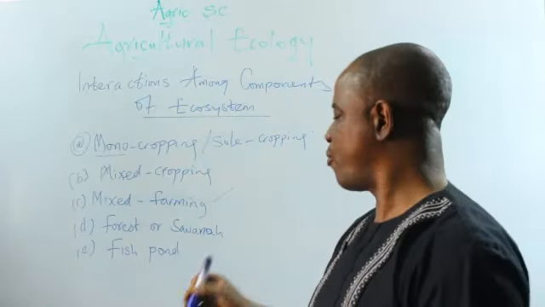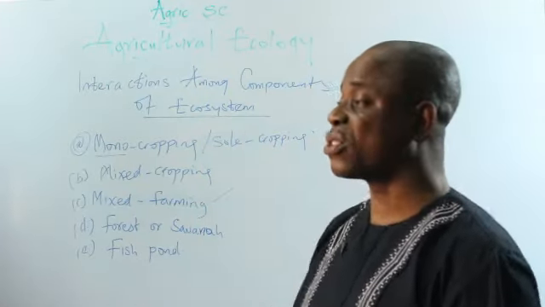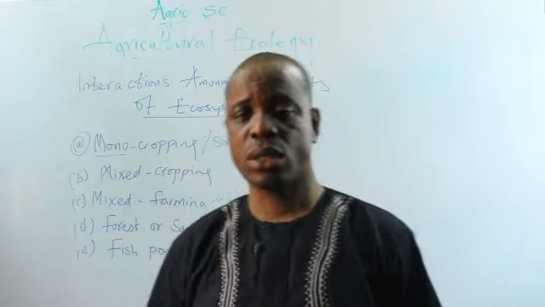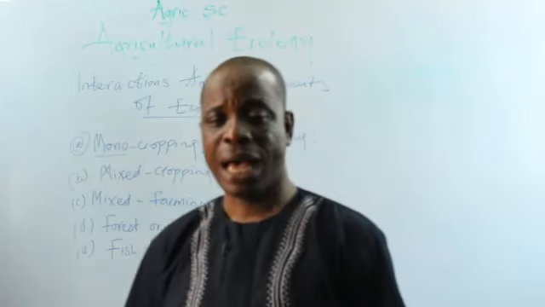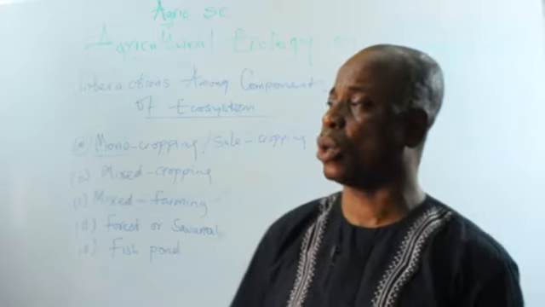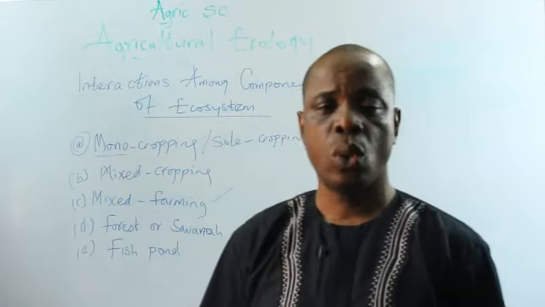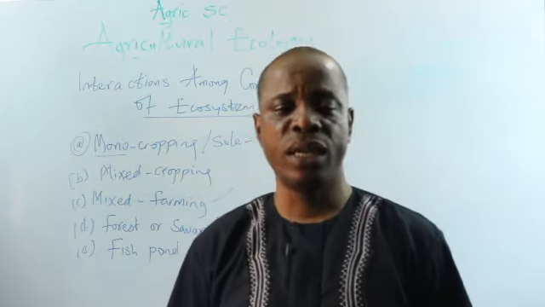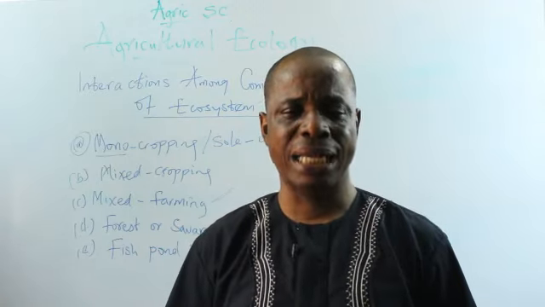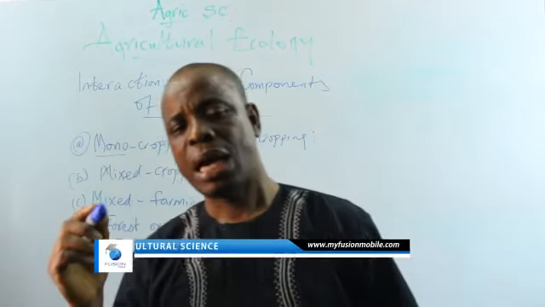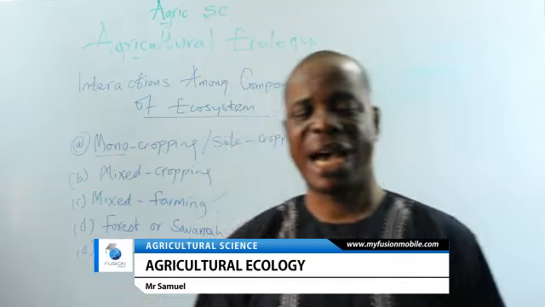In other words, a forest is a large area. You have trees there, and you even have animals living there. And in that process, the ecology of that place will be fully interwoven between the animals that are living there and the trees.